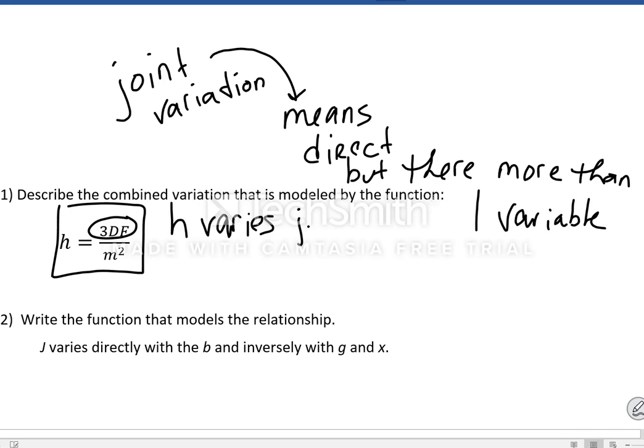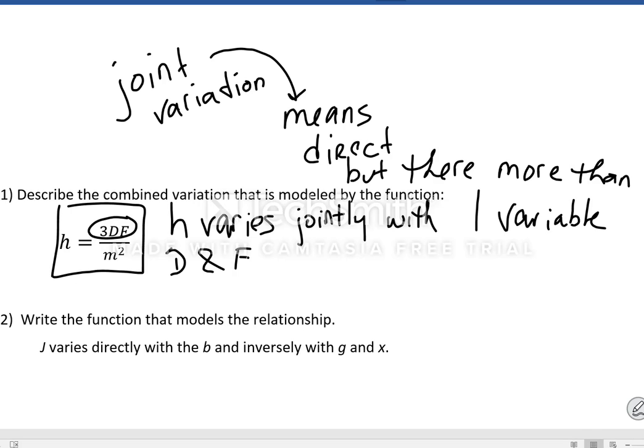It varies jointly with D and F. Some of you might be thinking, why am I not writing my 3? 3 is the constant of variation. In the word problem, I don't put K, I don't put the number. It's understood that it's there. So in this case, 3 is there, so we don't need to write it. So H varies jointly with D and F, and what?